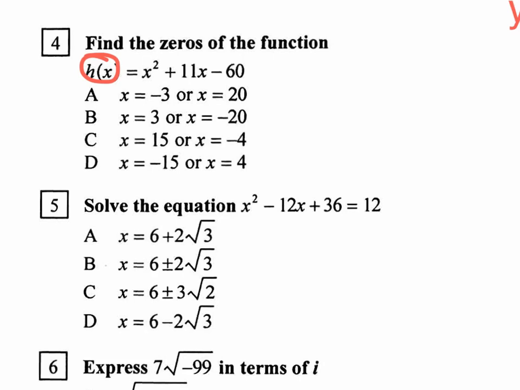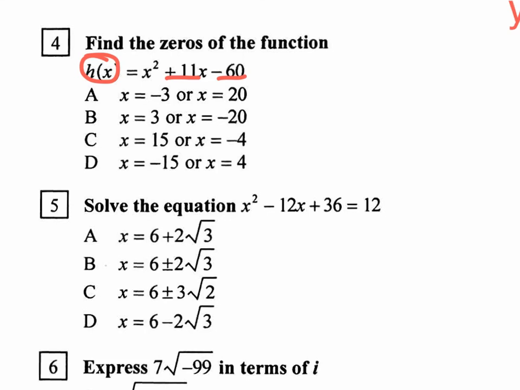So there's many ways of solving this. You could use the quadratic formula, x equals negative b plus or minus square root of b squared minus 4ac divided by 2a. Or you could factor, split, and solve if possible. So I'm going to try to factor, split, and solve. What times what is negative 60 that if I combine together gives me a positive 11?